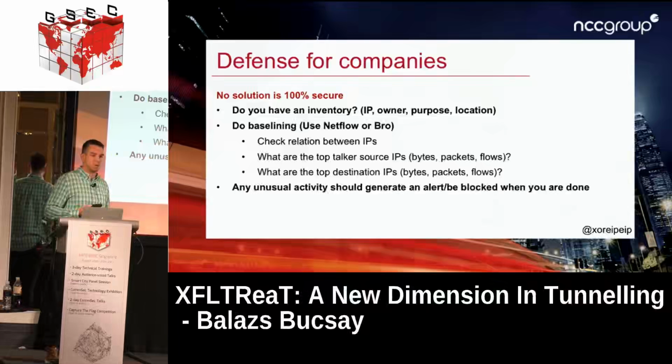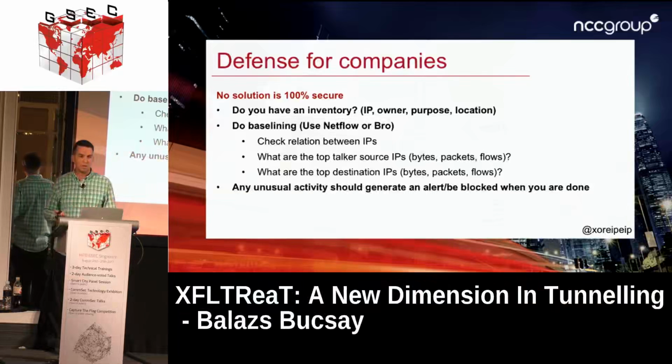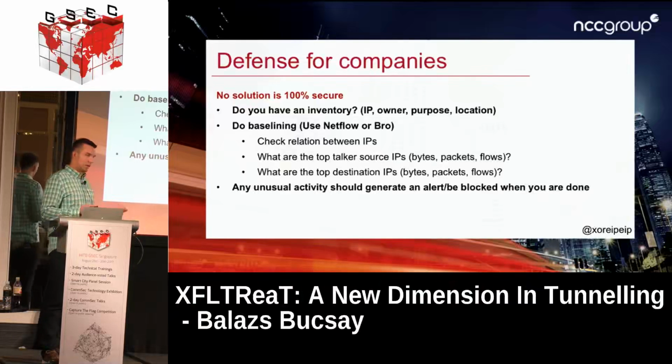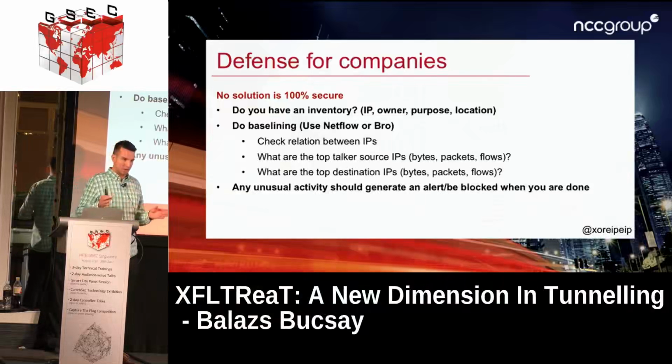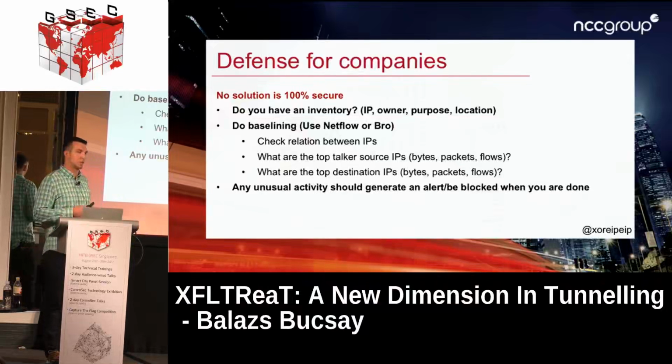After you have your inventory, you should do baselining. You can use NetFlow or Bro for this. With this, you create a statistical map of your network. You need to identify the top talkers, the IP addresses that are communicating with each other, the frequency of the communication, the volume of the communication, the protocol.